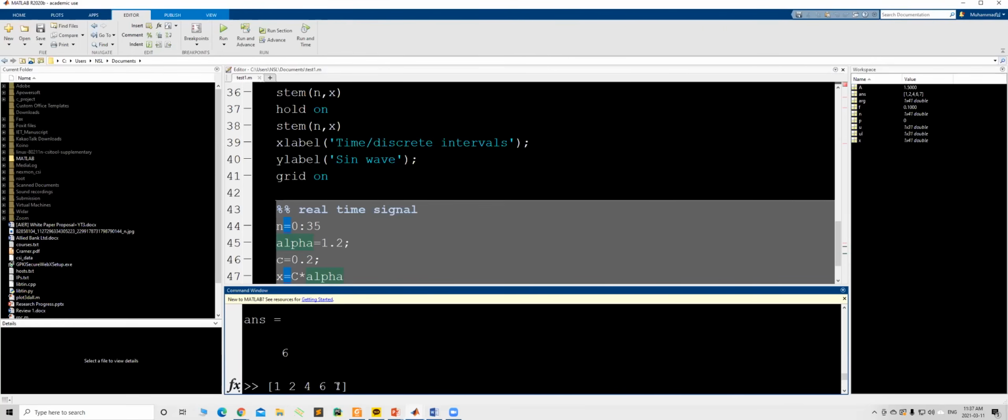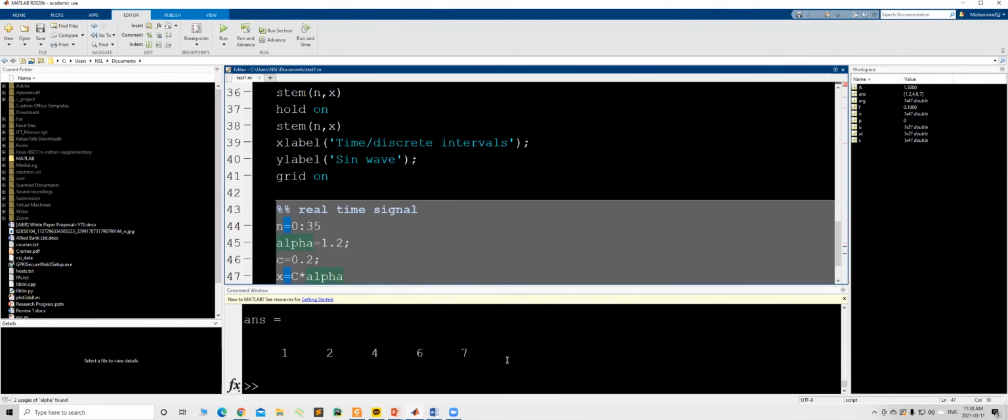Or if you have two equal arrays, for example 1 2 4 6 7, another is 1 3 5 8 9, and you want element by element multiplication, the first element of the first array should be multiplied with the first element of the second array, then the second element of the first with the second element of the second array, and likewise the third with the third, fourth with the fourth. In that case, you need dot multiplication. And for the dot multiplication, you need something like this, dot.